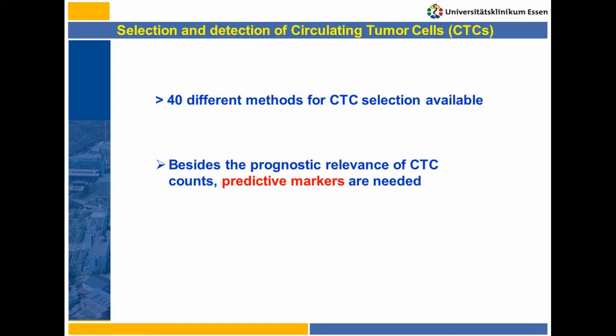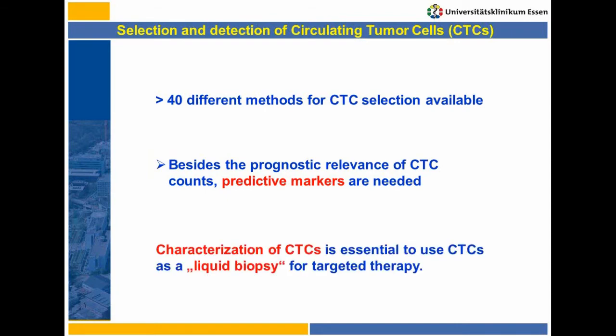And in general, I think the community is moving from cell counting to the characterization of CTCs, or a combination of both methods. And if you want to use CTCs as a liquid biopsy, of course, you have to know the target. And I think for this purpose, a characterization of CTCs is necessary.